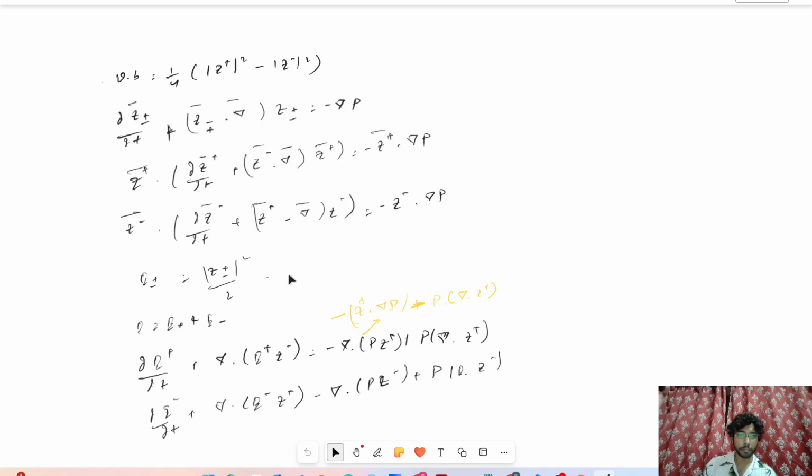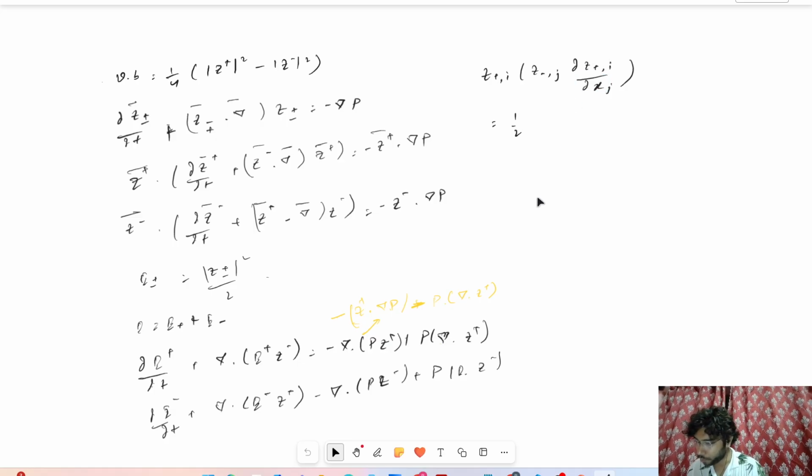Now the question is the second term. How does the second term become this? For that, I'll just show a quick derivation. So Z plus i, Z minus j del of Z plus i del x j. So this is this term, right? Z plus dotted with Z minus dot del of Z plus.